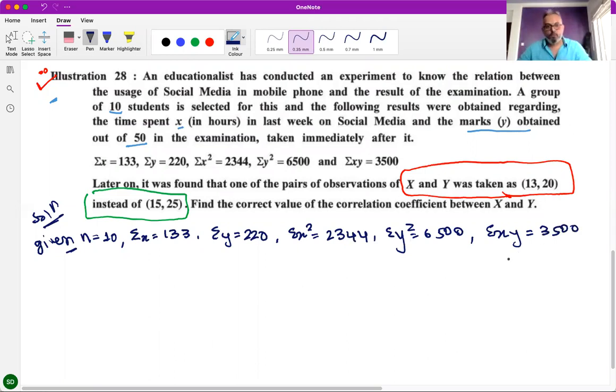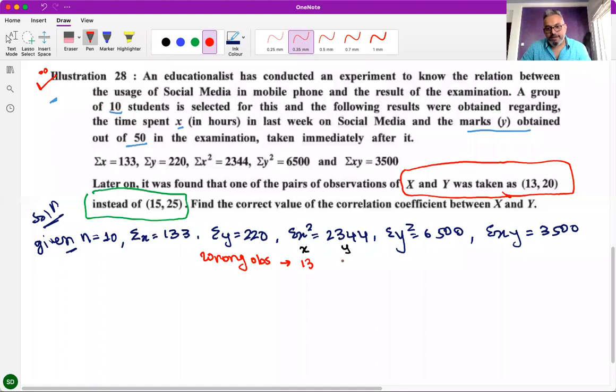Now pay attention to what has happened. We have a wrong observation, so I write it in red. Wrong observation for values of x and y is wrongly taken.